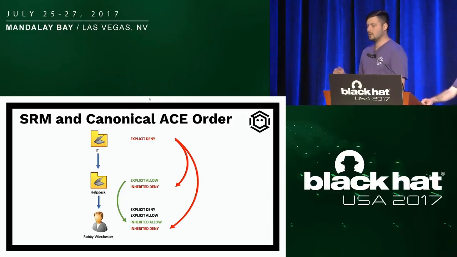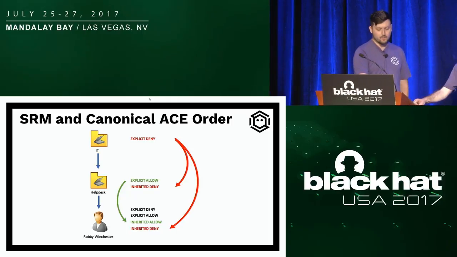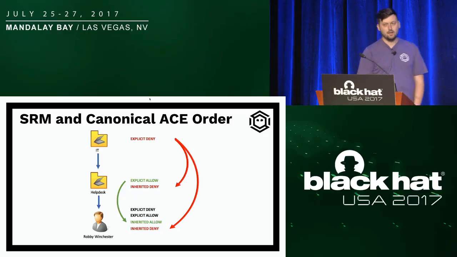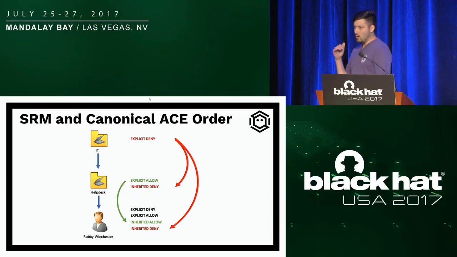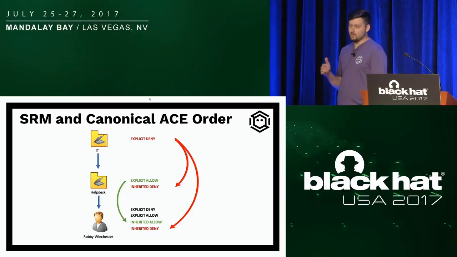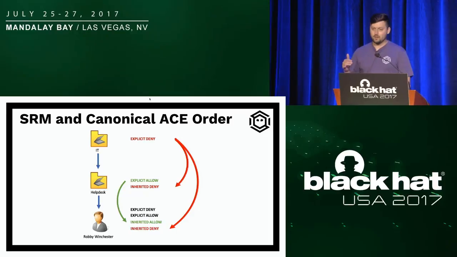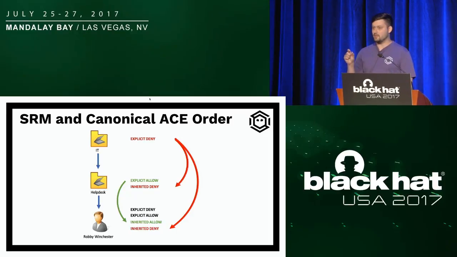There's one final complication with this. So that explicit allow is also going to be inherited down to the Robbie Winchester user. Now, because the OU called help desk is generationally closer to the Robbie user than the OU called IT, the ACE that it inherits from its closer OU parent is the one that is canonically higher in the DACL.